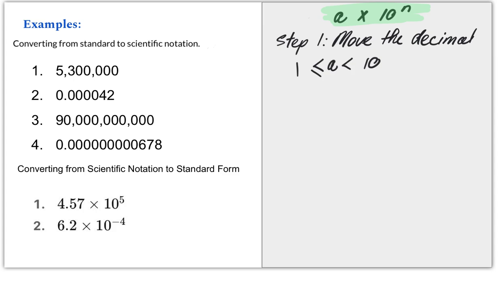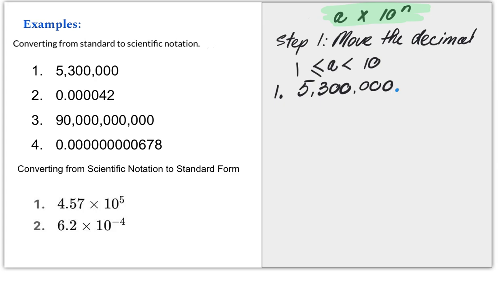So let's go ahead and do that with our first example. We're going to start moving the decimal. Because this is a number greater than 1 and it's a whole number, the decimal is all the way at the end. Our first step is to move the decimal.